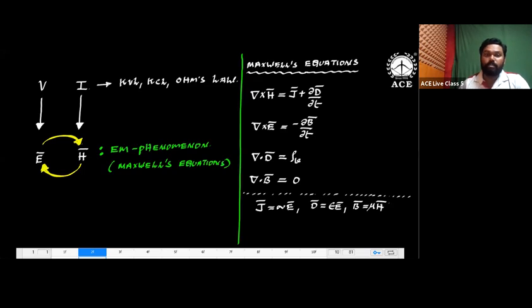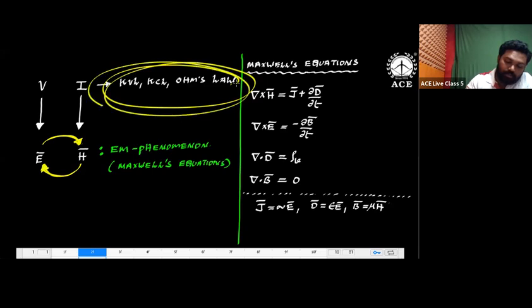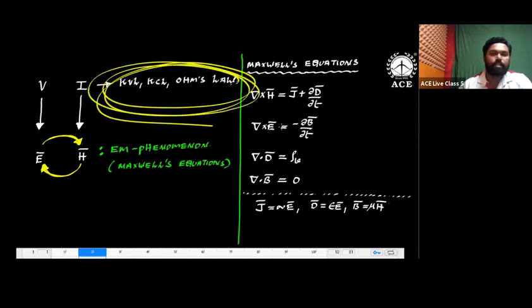But see here, in the case of circuit theory, our life was very simple, isn't it? You can use KVL, KCL. What is KVL? Algebraic sum of voltages in the loop is equal to 0. What is KCL? Current entering the node is equal to current leaving the node. What is Ohm's law? V is equal to IR. Our life was very simple.